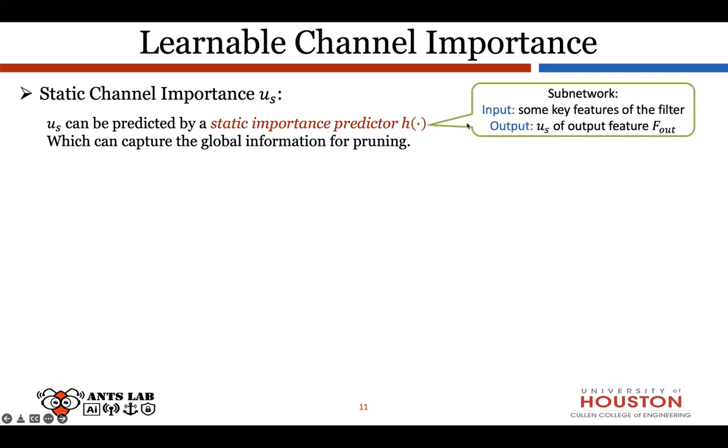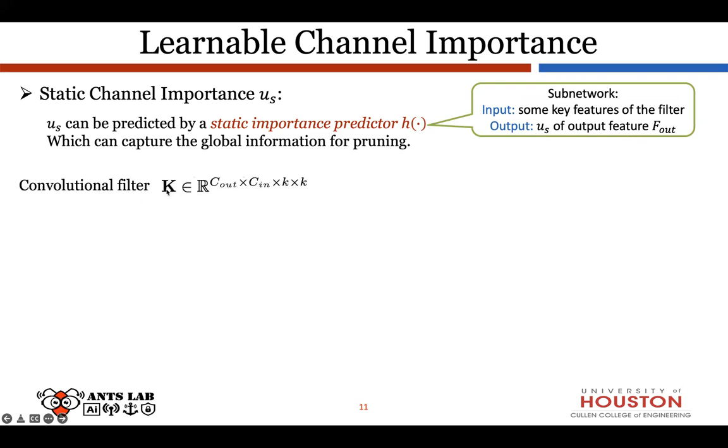And again, we use a subnetwork to approximate this predictor. The input of this predictor is some key features of the filter, and the output of this predictor is the channel importance vector US of the output feature.